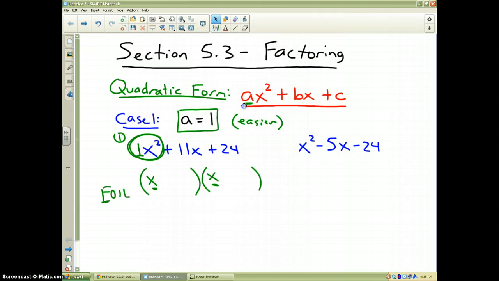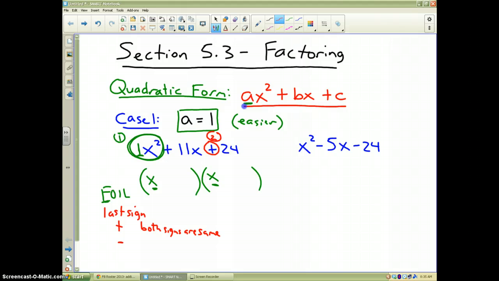Now, the second thing that I look at when I factor is the last sign. If the last sign is positive, that means both signs are the same in my factors. If the last sign is negative, that means the signs are different.